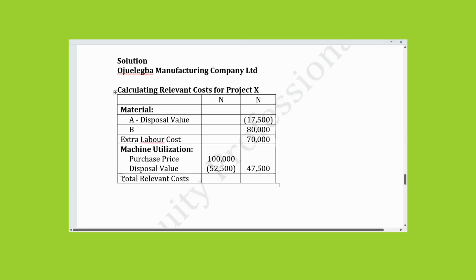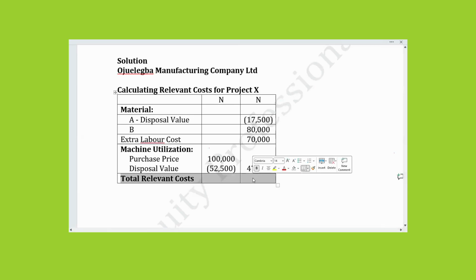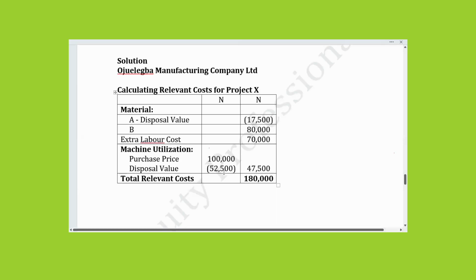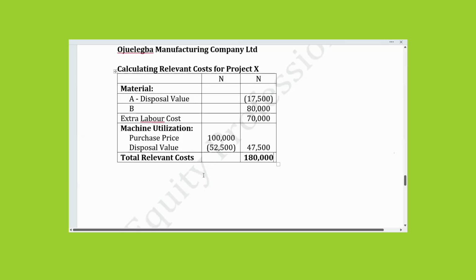What do you have as the total? 180,000. That's it. That's the cost of project X. This is the cost that the company will incur on project X. So that's that.